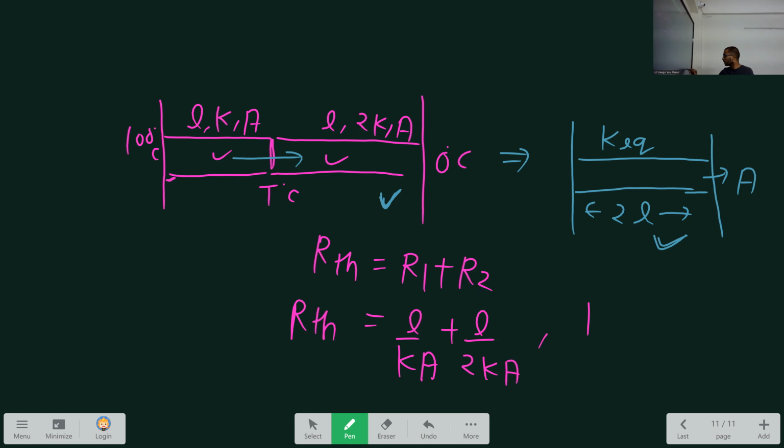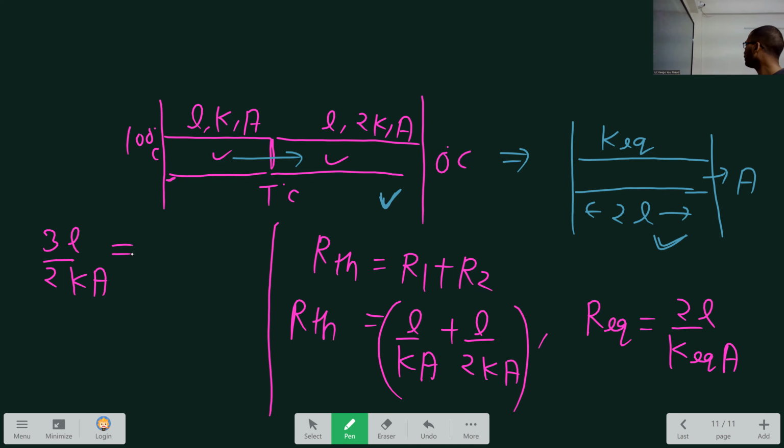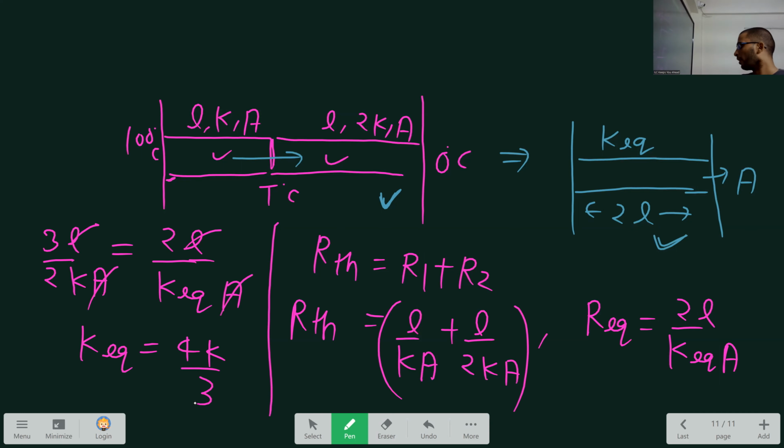So when you add these two, this should be 3L by 2KA. And this should be equal to, students, 2L by K equivalent into A. Here, students, L cancels out, KA also cancels out. So it means that K equivalent will be 4K by 3. K equivalent is 4K by 3.